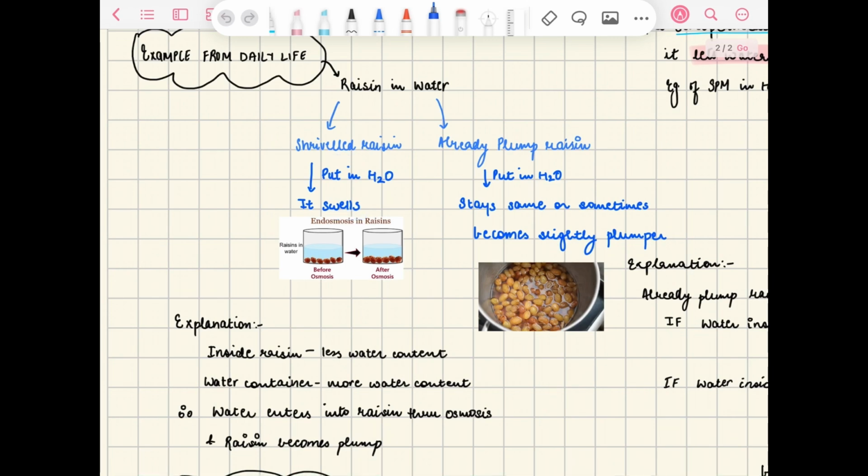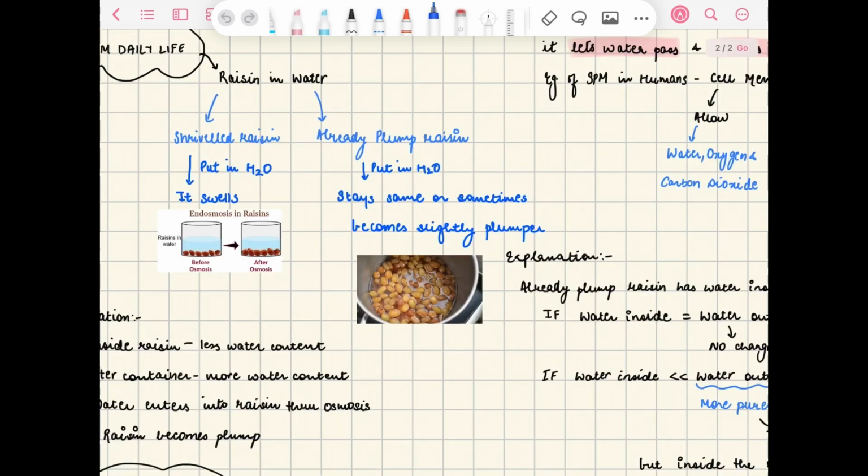Because the shriveled raisin has less water concentration, right? And now we know how osmosis occurs. It goes from high to low with the help of a semi-permeable membrane. So the outer layer of the raisin acts as a semi-permeable membrane and water moves from high to low, and the raisin plumps up.